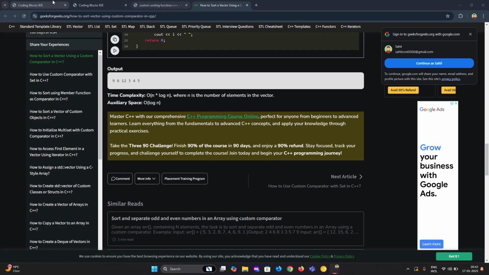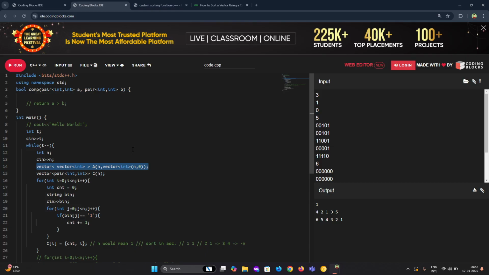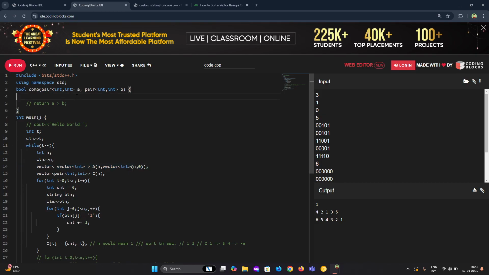So what I want is to know if two numbers have an edge between them. If they have an edge between them, then the lower one will come before it, right?